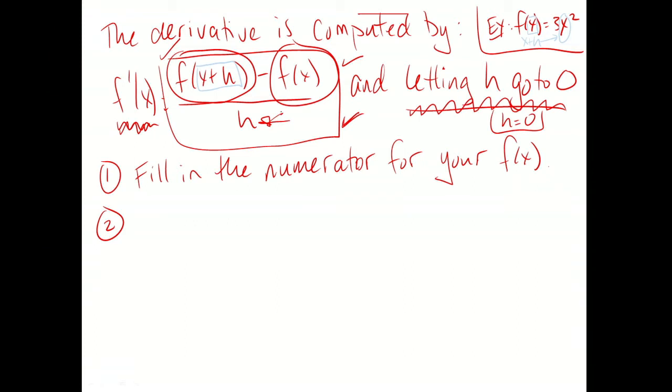If I tried to plug in h equals 0 right now, the bottom would be 0. And one of the golden rules we learned way back when is that you can't have 0 on the bottom of a fraction, in other words, you can't divide by 0. So it is illegal for me to plug 0 in at the beginning of the problem.